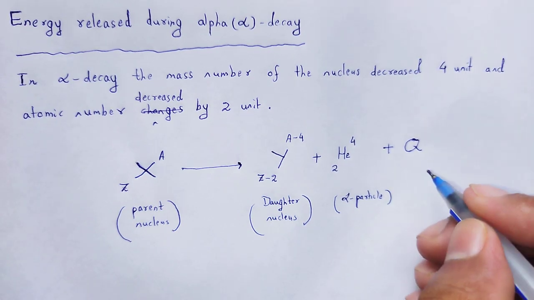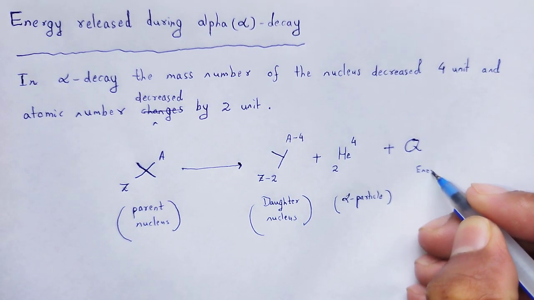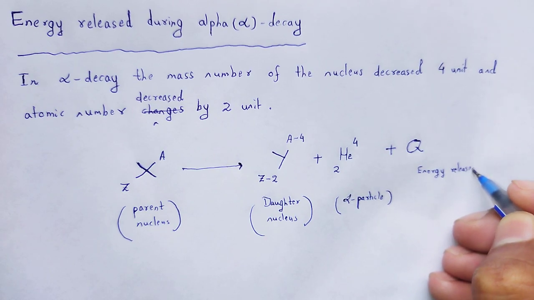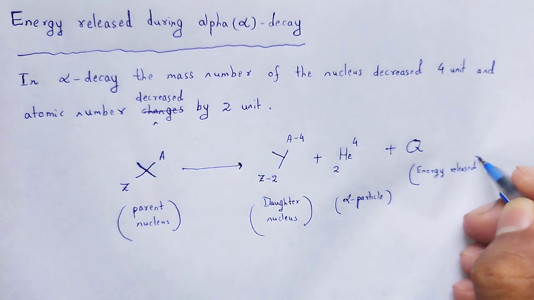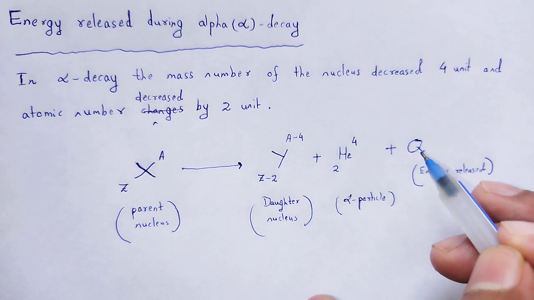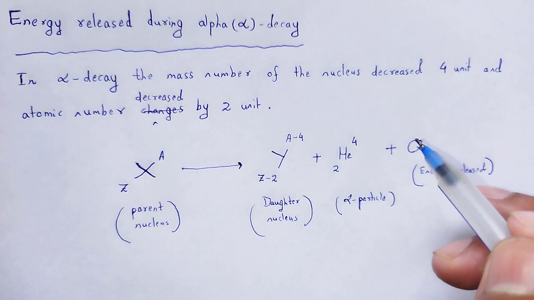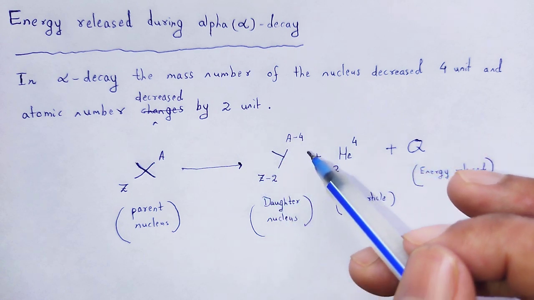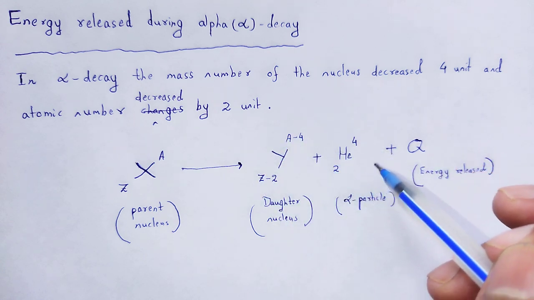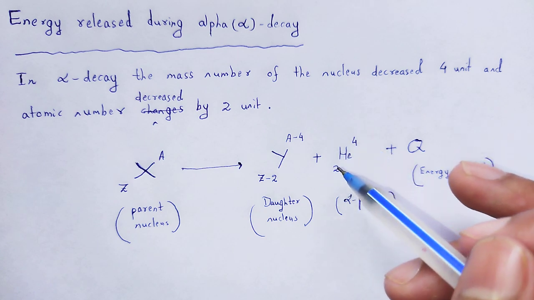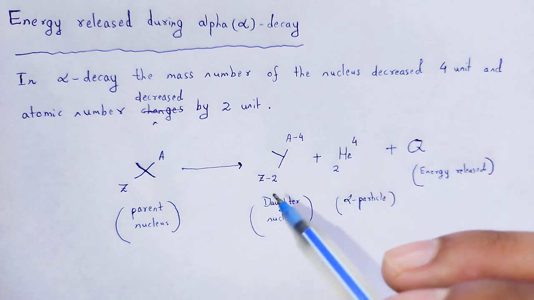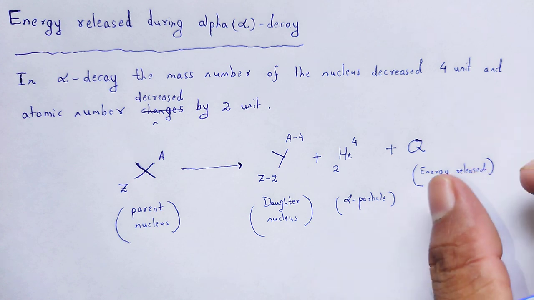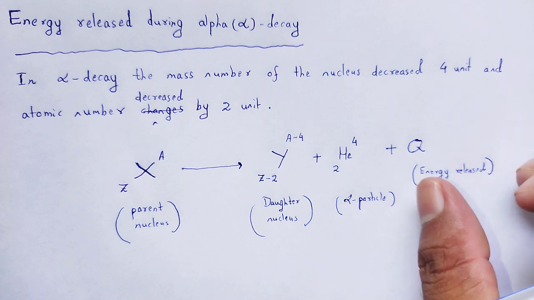Let Q be the energy released. That released energy is in the form of the kinetic energy of the daughter nucleus and also the kinetic energy of the alpha particle. Here we mathematically calculate that energy released Q.